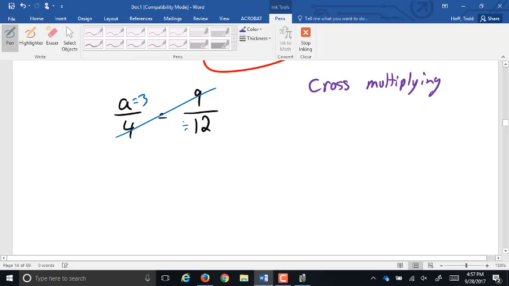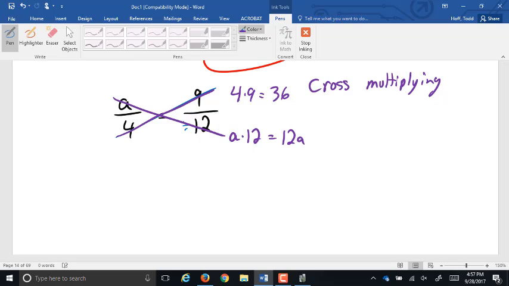What cross-multiplying does is the two cross products have to be the same. So here, one of the cross products is going to be the 4 times 9, which is what? 36. The other cross product, the other diagonal, is going to be A times 12, which is just 12A.